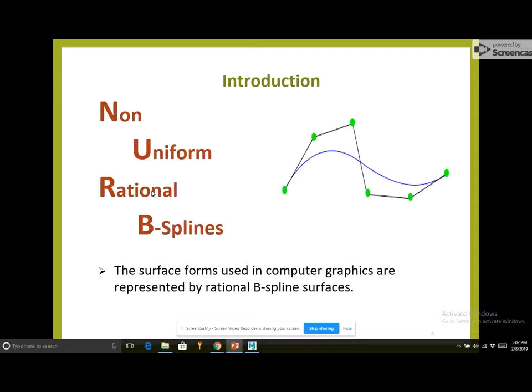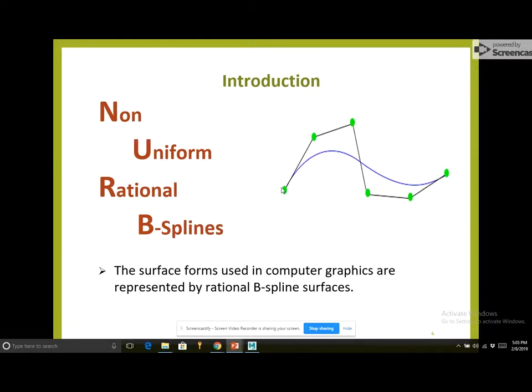And then rational. It means we can pull and adjust each control point on the curve. And then the basis function or basis spline. The basis function defines how much each control point influences the curve.